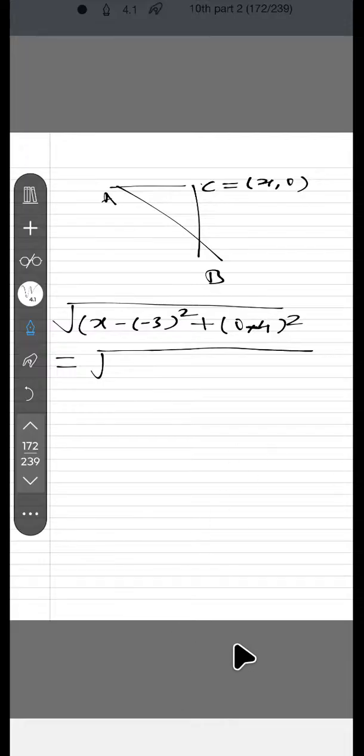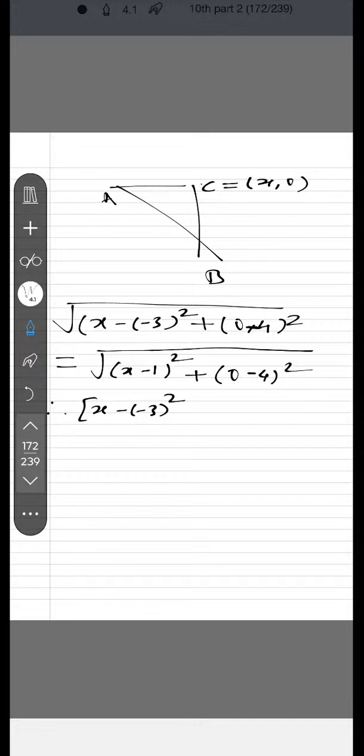So x minus of minus 3, which is equal to what? I can express the other term as (x minus 1) square plus (0 minus of minus 4) square. Therefore I can write (x minus of minus 3) square plus (0 minus 4) square is equal to (x minus 1) square plus (0 minus of minus 4) square.